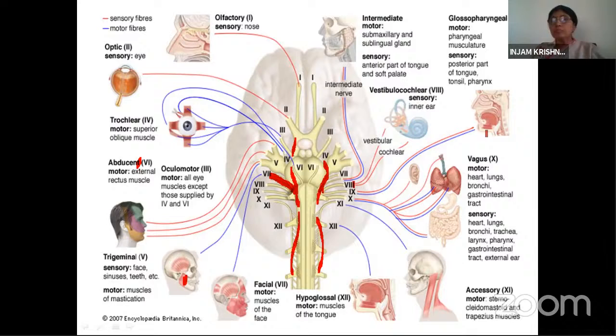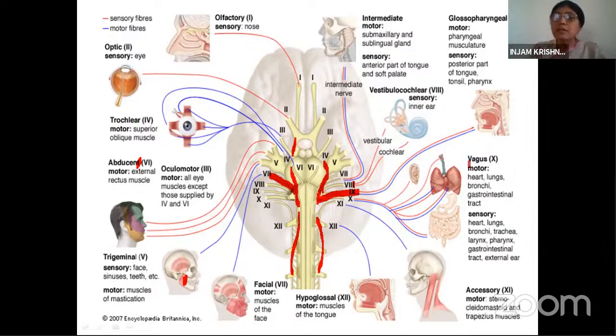These are the parts from which the sensory nerve arises. Tongue, generally taste buds. Taste buds are located, isn't it, in the anterior part of the tongue. It is the place to emerge the sensory nerve and reaches the, what is this one? Pons. Not pons. Here it is medulla oblongata.